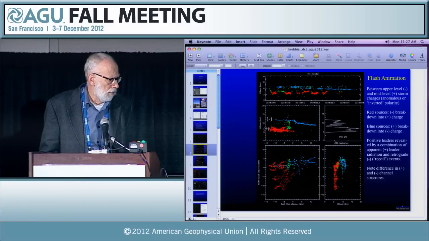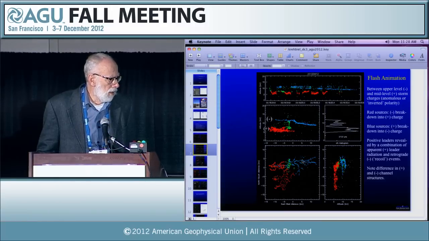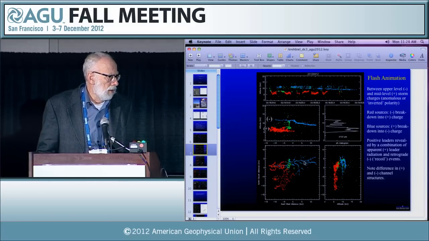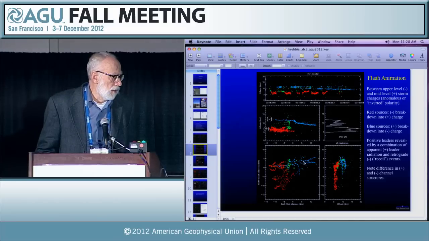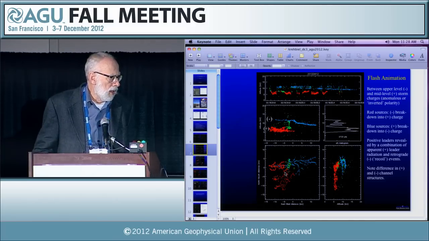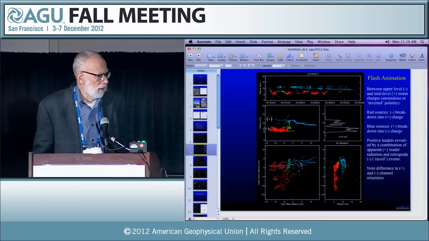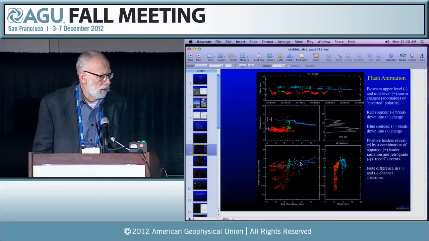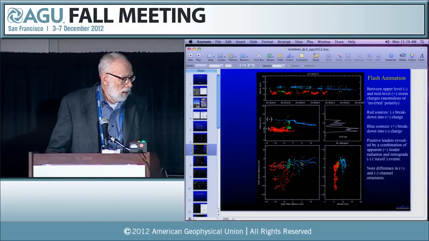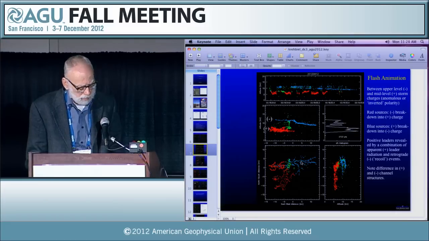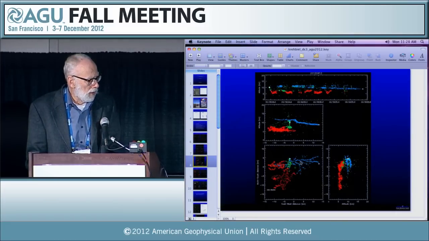If you look down in this part here, in the plan view, you can see that there are significant differences between the blue sources and the red sources, namely differences between positive breakdown and negative breakdown. We'll see a little bit more about that later. Let's just go on to the next one at this point. So the next one is the animation.